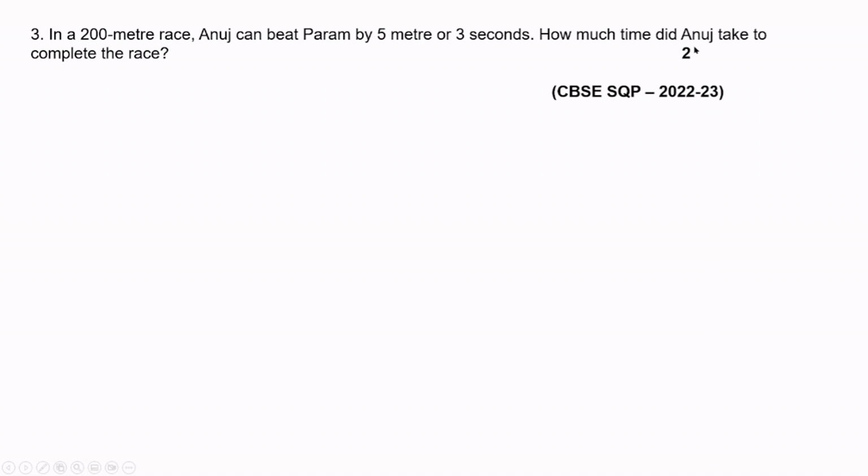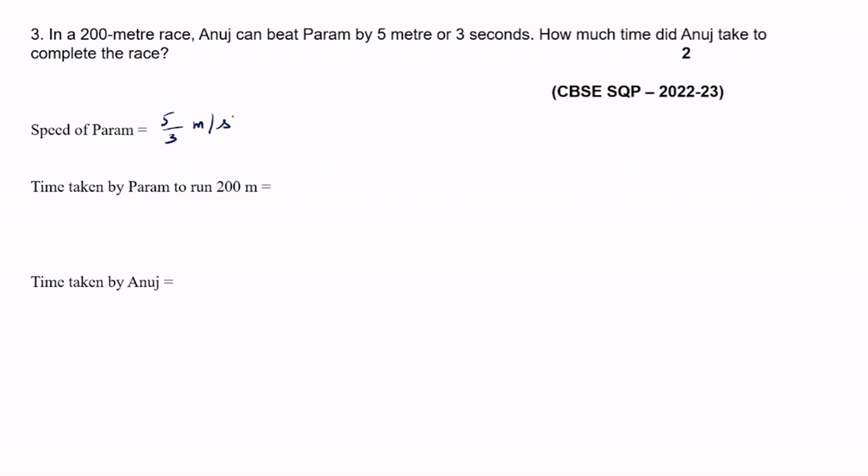So here speed of Param is, here we can see that he can travel 5 meters in 3 seconds. So speed of Param is 5 by 3 meters per second. And next we have time taken by Param to run 200 meter will be distance by speed.